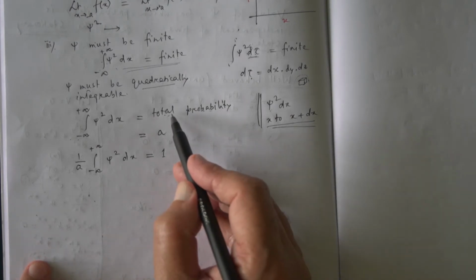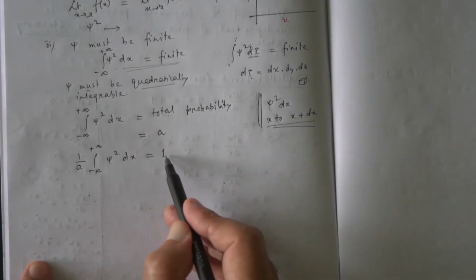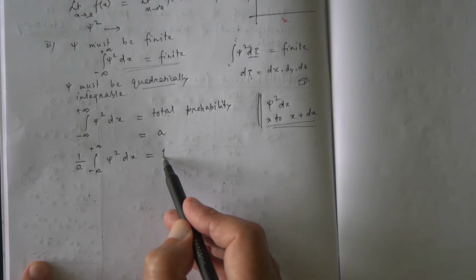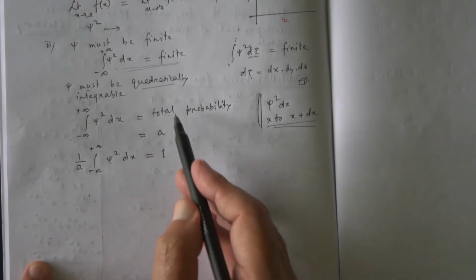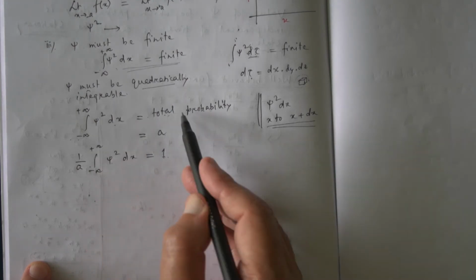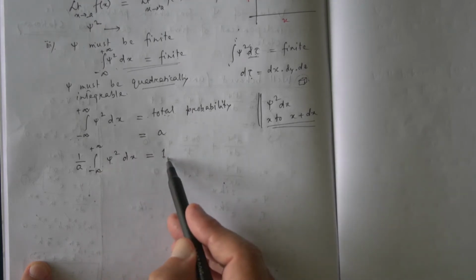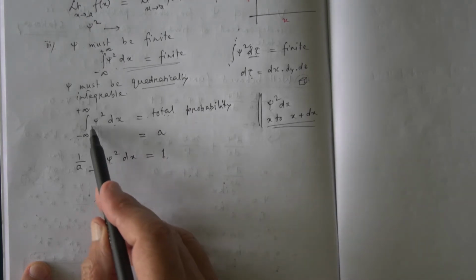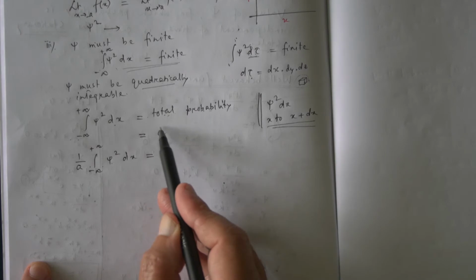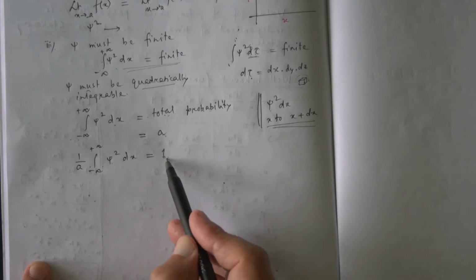But if it is infinity, we cannot make it 1. If it is infinity, we cannot make it 1. But if this is a finite quantity, we can make it 1.